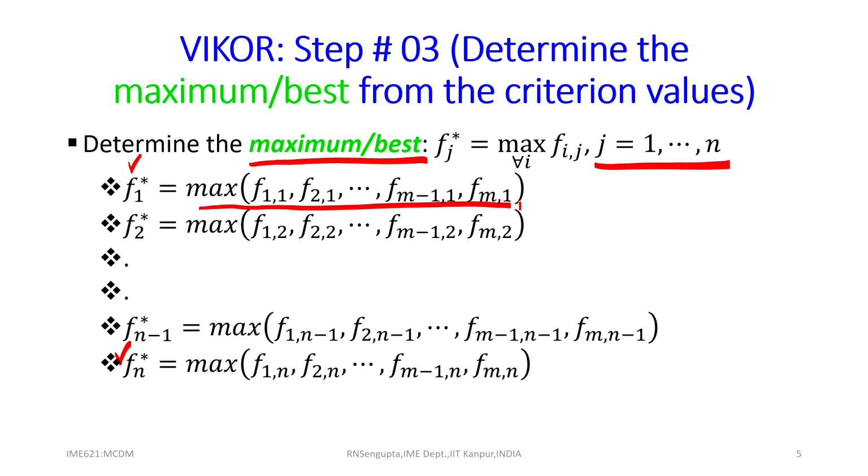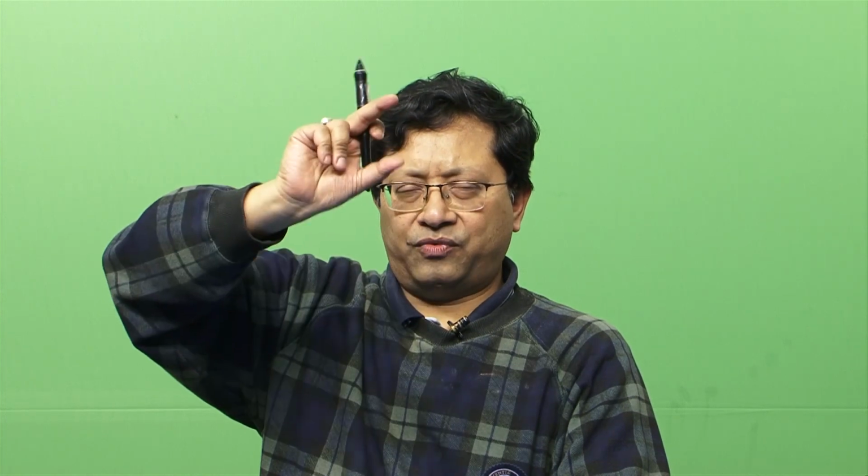Now, here it is very simple. We have alternatives 1 to m, and for the first criterion, along the column, we find the maximum and note it down as f1 star.